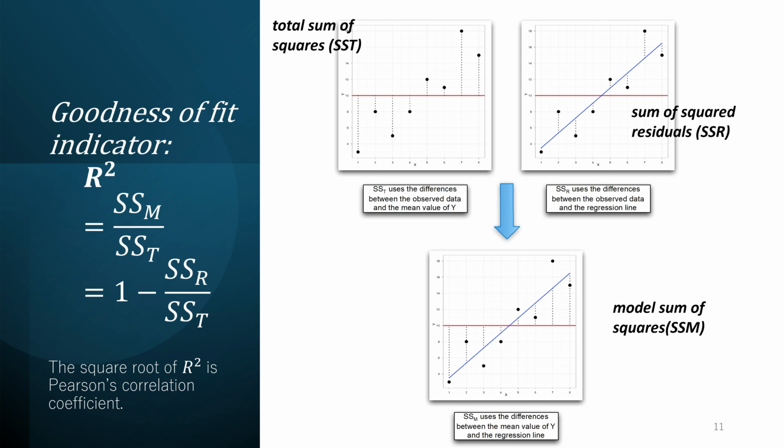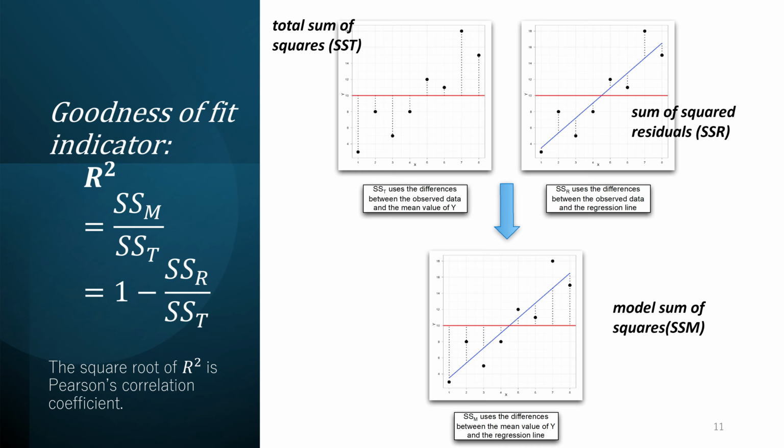Okay, next, let's look at how well the model fits the dataset. We use something called R squared, written like this. R squared tells us what proportion of the total variation in y can be explained by the model.